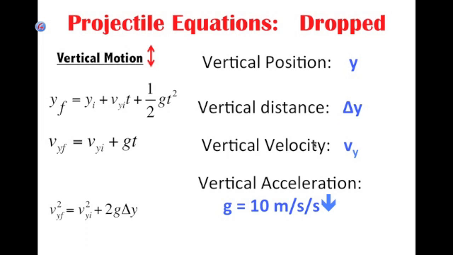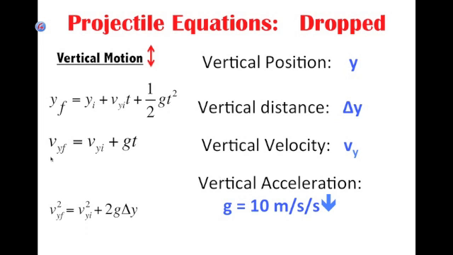Then for vertical velocity, that's vy. That shouldn't be too surprising. And since velocity will change, we have to have a further subscript on v sub y. So we'll use vyi for a starting velocity, with i standing for initial. So vyi means the starting velocity, and that starting velocity variable appears in all three of these equations.